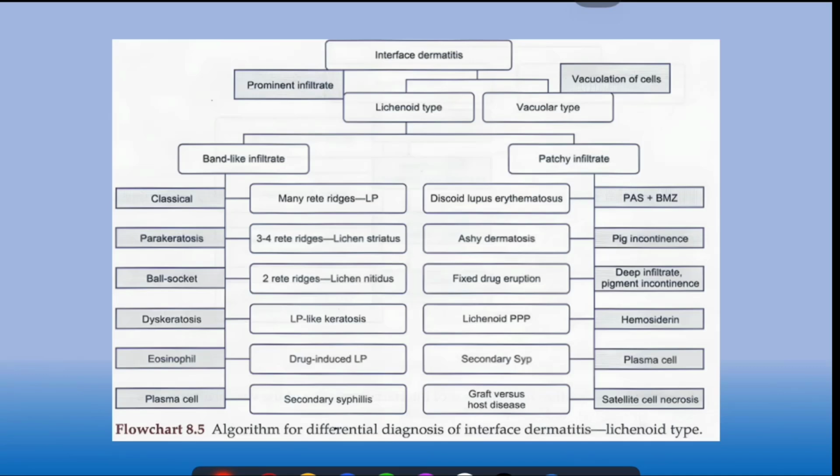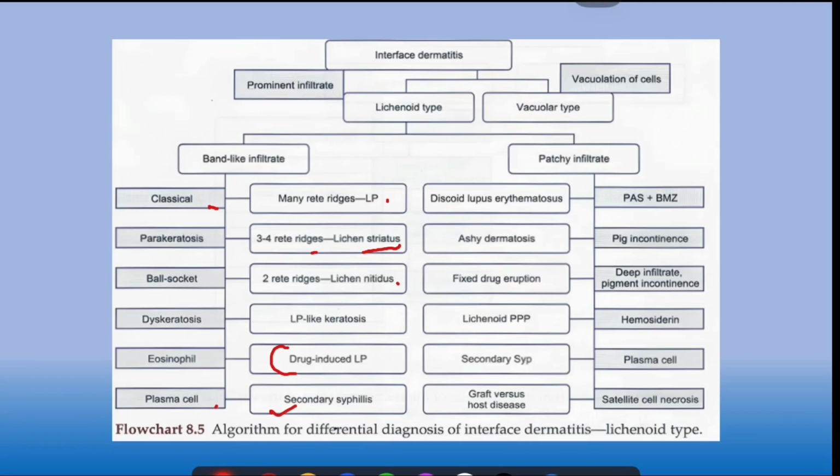If classical band-like infiltration and many rete ridges are involved, then it is lichen planus. If parakeratosis is there and 3 to 4 rete ridges are affected, then it is lichen striatus. Ball and socket like pattern, 2 rete ridges, lichen nitidus. Dyskeratosis, lichen planus-like keratosis. If eosinophils are present, it is drug induced. Plasma cells, mostly secondary syphilis.